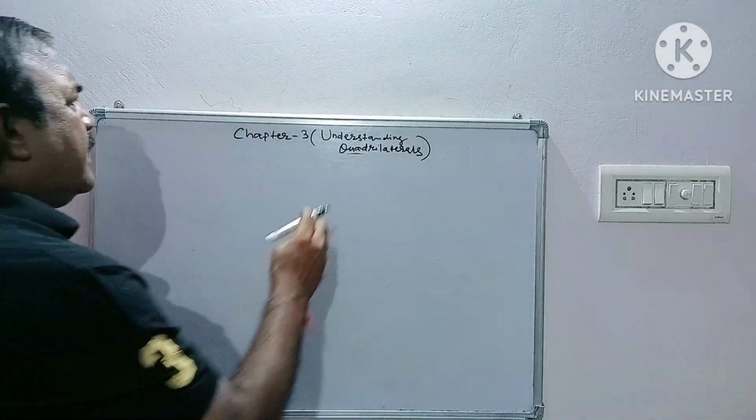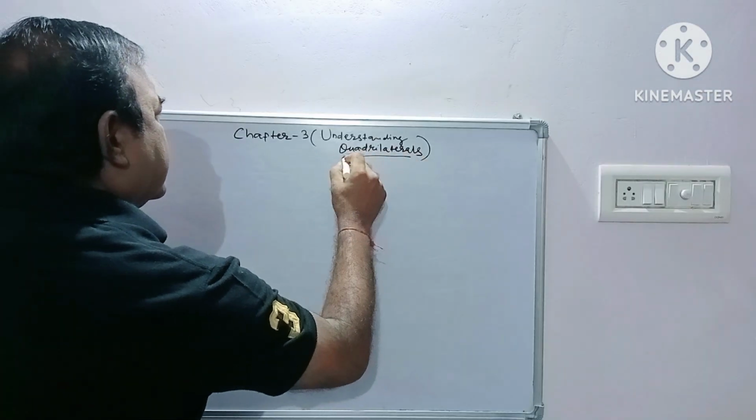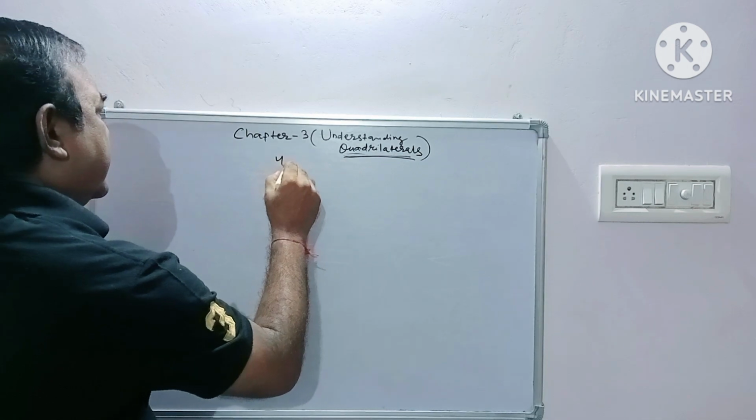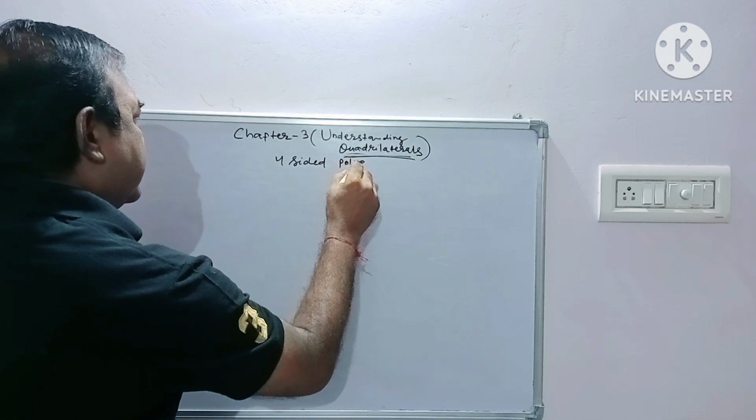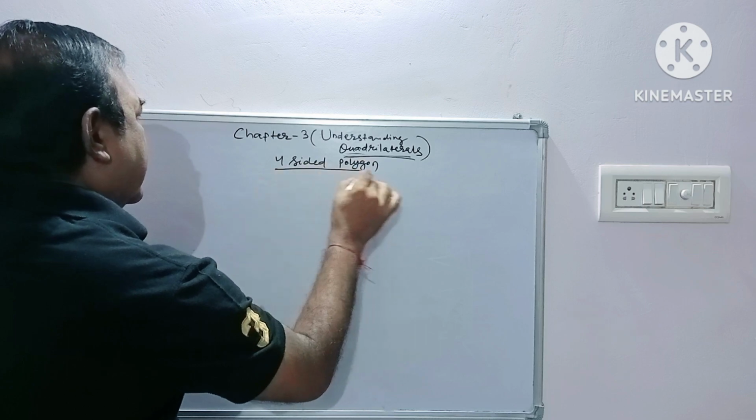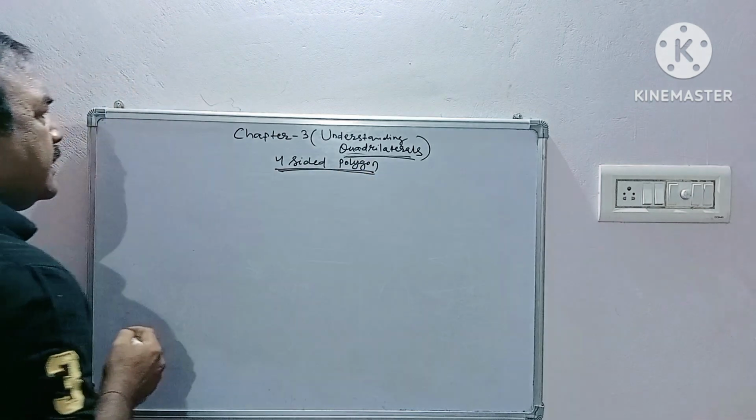So what is a quadrilateral? The quadrilateral means it is a four-sided polygon. Quadrilateral is a four-sided polygon.